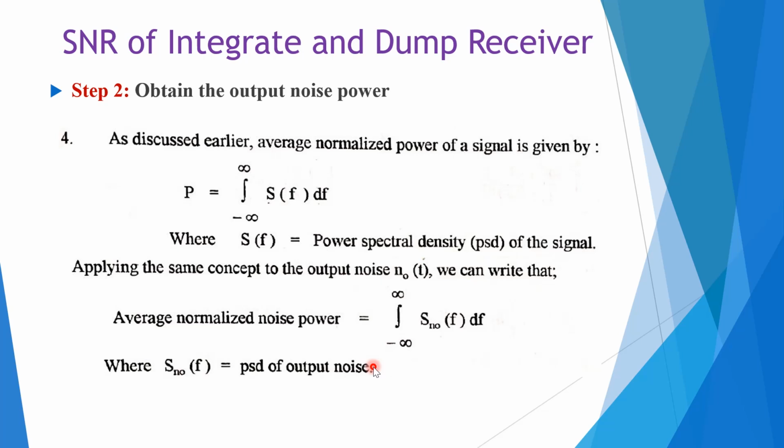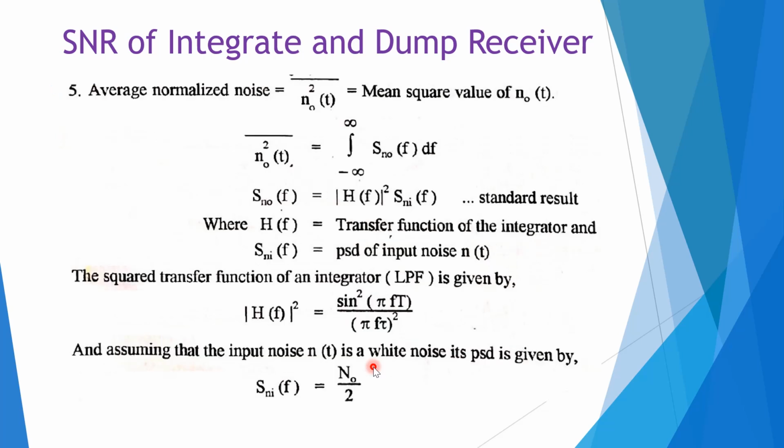So as discussed earlier, average normalized power of a signal is given as P is equal to integration from minus infinity to infinity of S of f df. That is nothing but power spectral density or PSD of the signal. Now applying the same concept to the output noise voltage N0 of t, we can rewrite this, that is average normalized noise power, that is integration from minus infinity to infinity of S_N0 of f df, whereas S_N0 is the PSD of output noise.